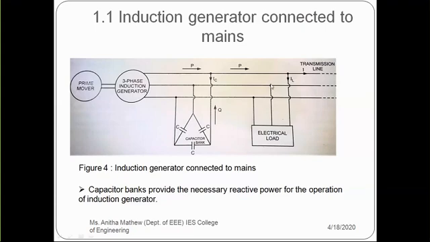This capacitor bank provides the necessary reactive power for the operation of the induction generator. I have already said that the induction generator receives reactive power from the transmission line for magnetizing it.